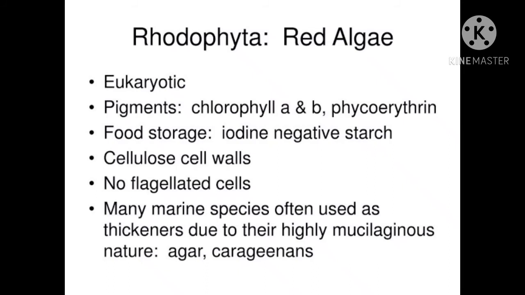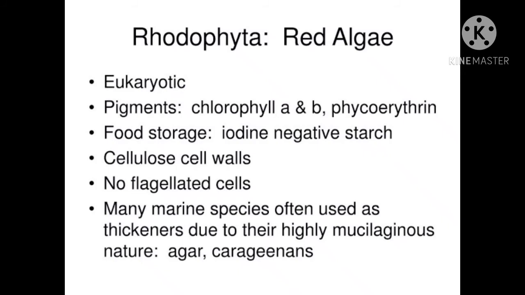Commercially important agar-agar, which is used as a solidifying agent in tissue culture medium, is obtained from red algae. So it is a very important member of the algae, because agar-agar is the basic material for tissue culture.